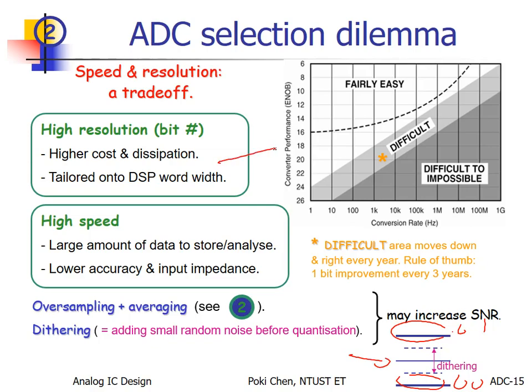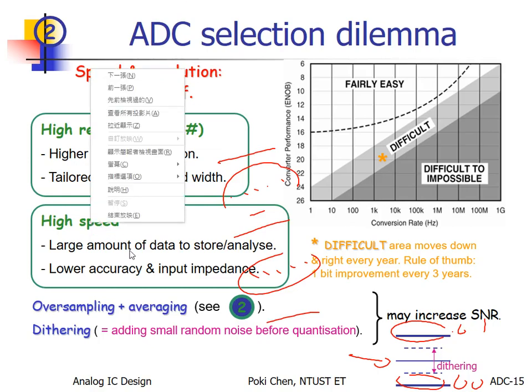You have this, this, and this. But to increase 1 bit, in between your quantization levels, you need to get extra ones. But how to realize it? Allow me to explain. Why?